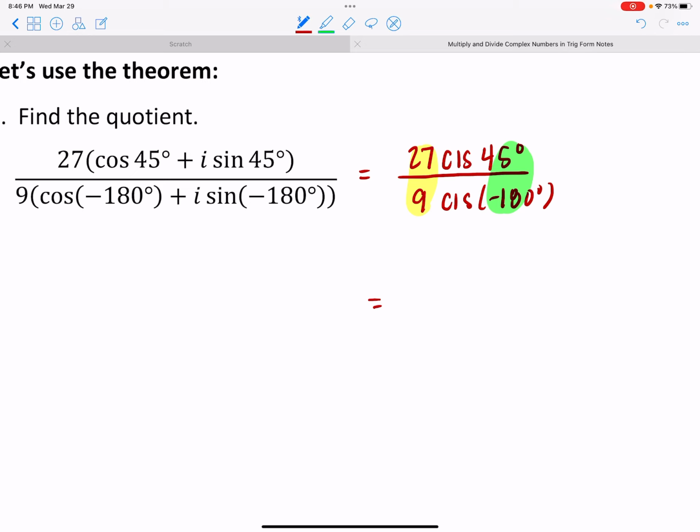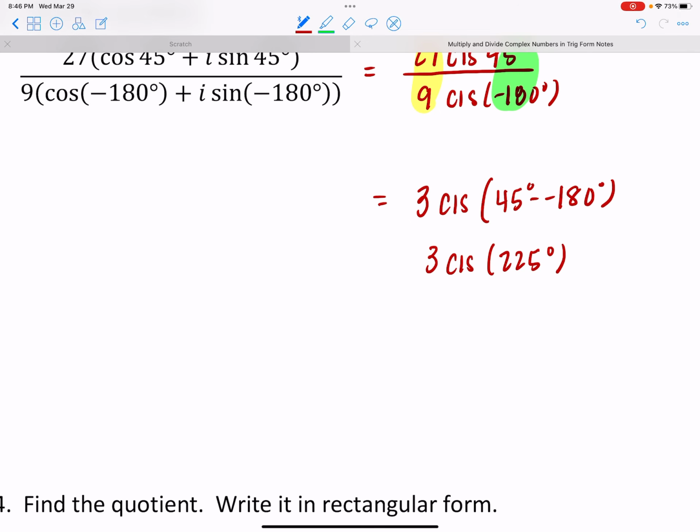So the quotient, 27 divided by 9 makes 3, and then we have cis, the difference, 45 minus a negative 180. Minus a negative becomes a positive, and so we end up with 3 cis 225 degrees. If you wanted to leave it in that condensed form, that would be totally fine.